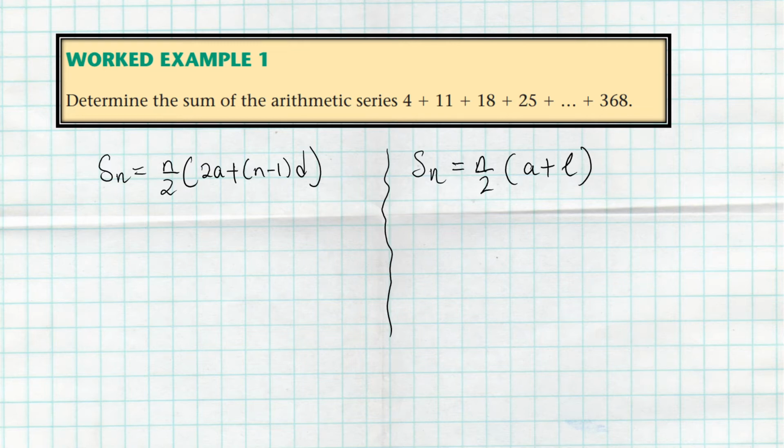So these two formulas are the ones that you're going to use to calculate the sum of an arithmetic series. This formula is used when we have the last term.